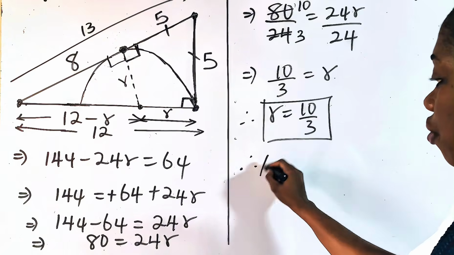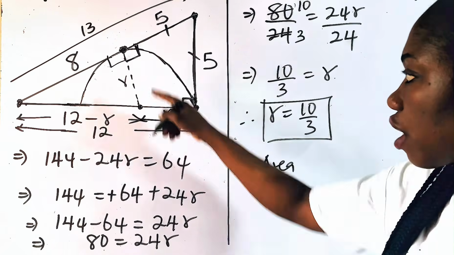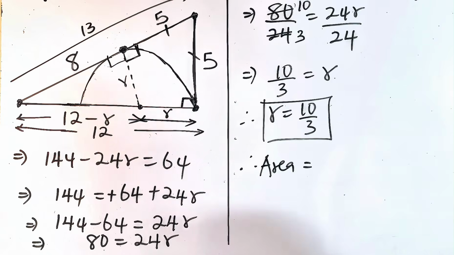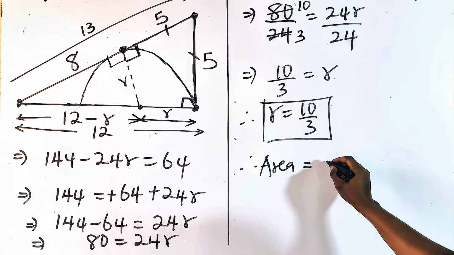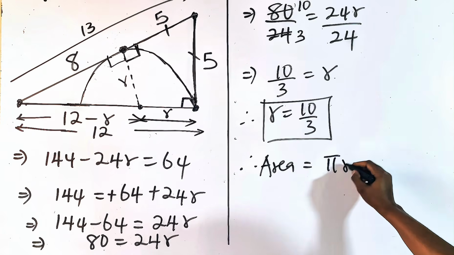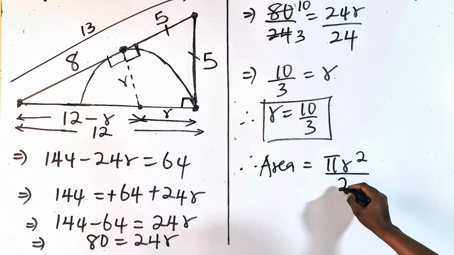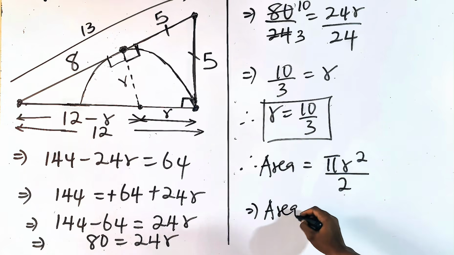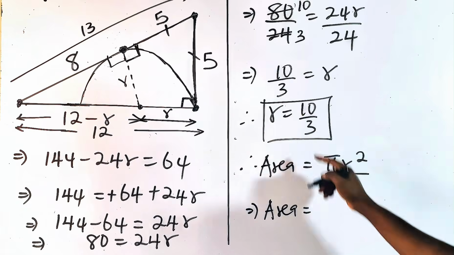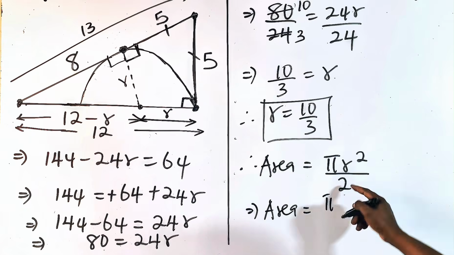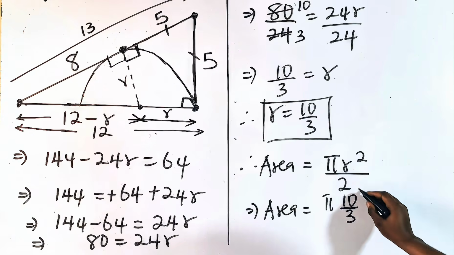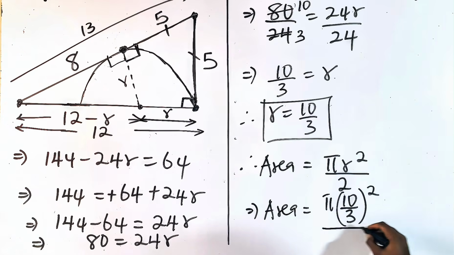To find the area of the semicircle, remember it's going to be the area of the circle divided by 2, and the area of a circle is pi r squared. So the area is equal to pi, our radius is 10 on 3 squared, and that will be divided by 2.